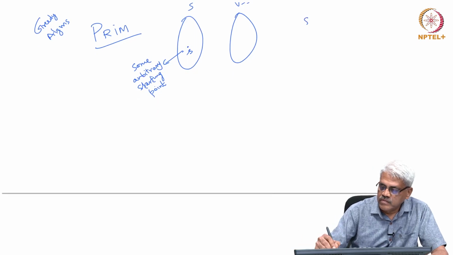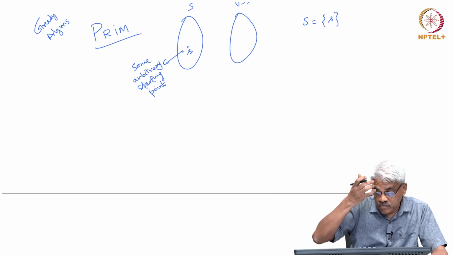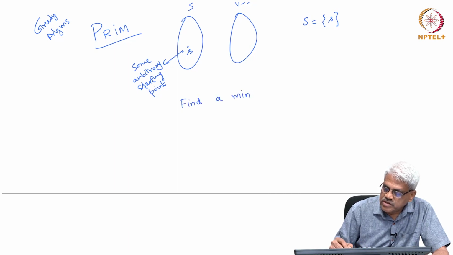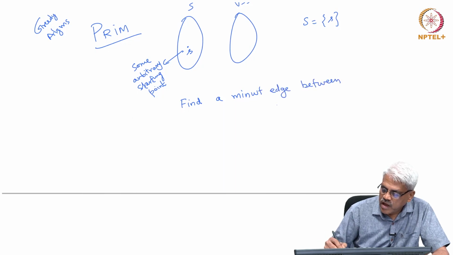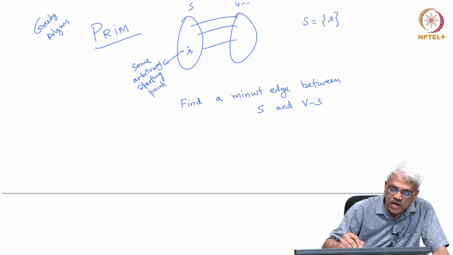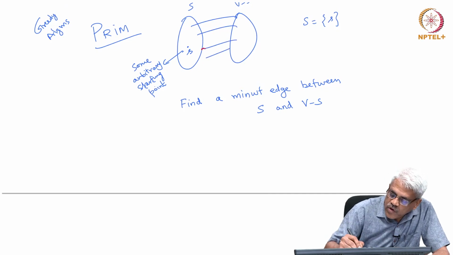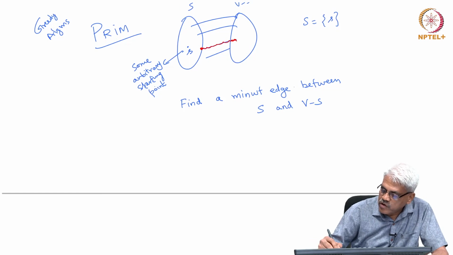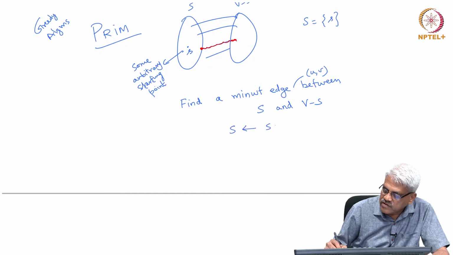S is small s. Find a minimum weight edge between S and V minus S. Among all edges here, I pick the one which is the smallest weight, I include it. Let that edge be u comma v. Then I am going to add S is S union v.